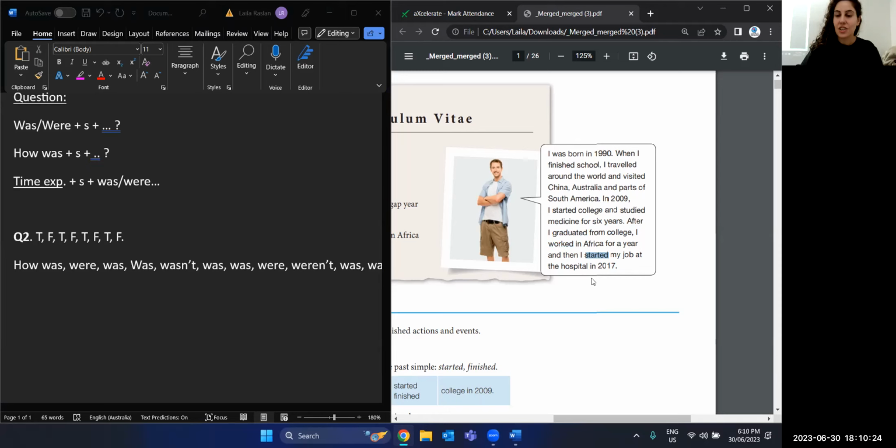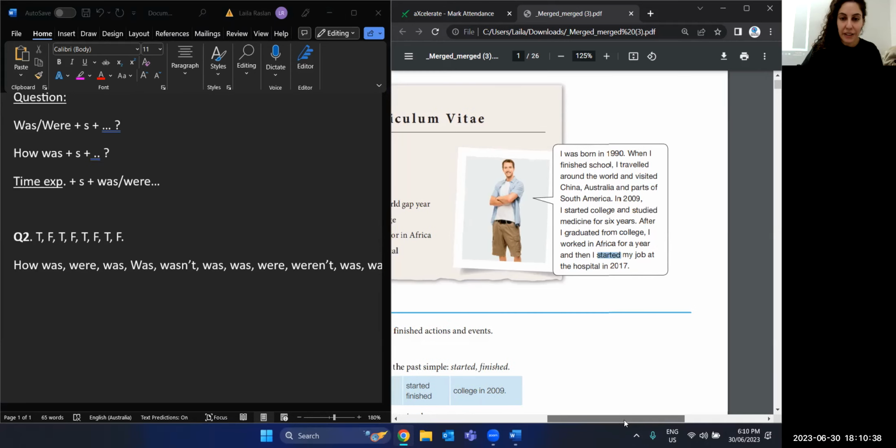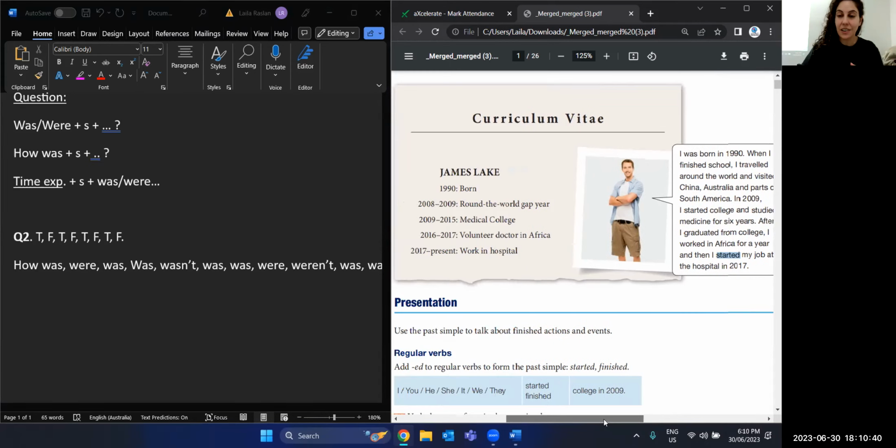Started. So you can see all of this information that he is telling us now. He must use the past tense because it's not happening now. These actions have already been completed. He's not doing it now. He's telling us now. So imagine he is standing here speaking, but he must use the past because these actions are finished.